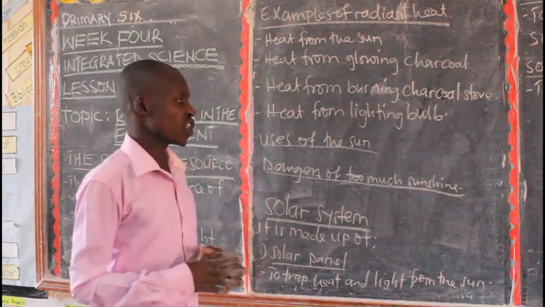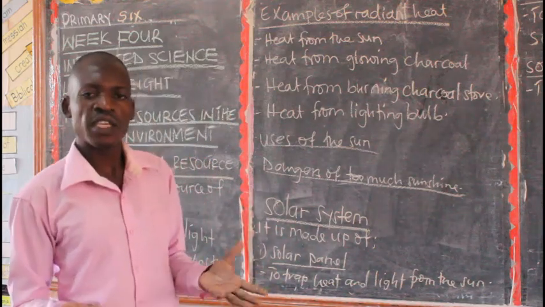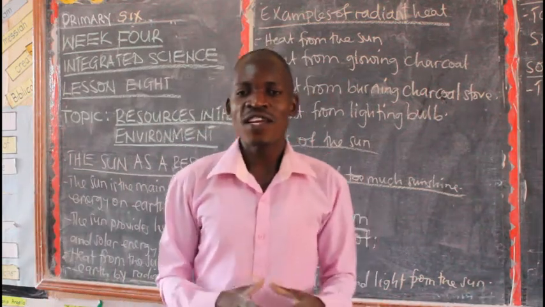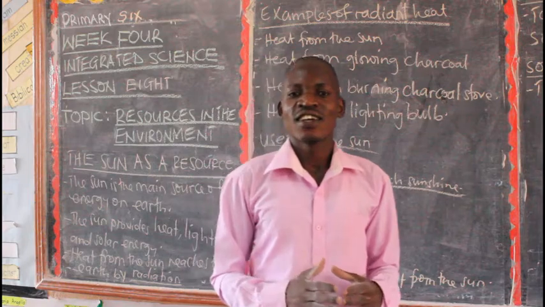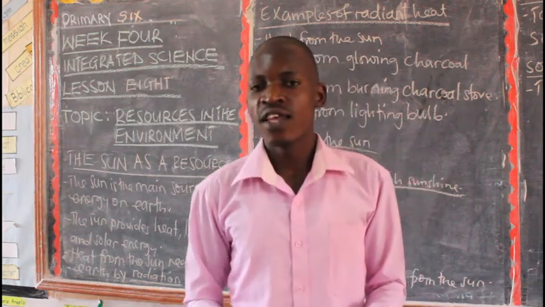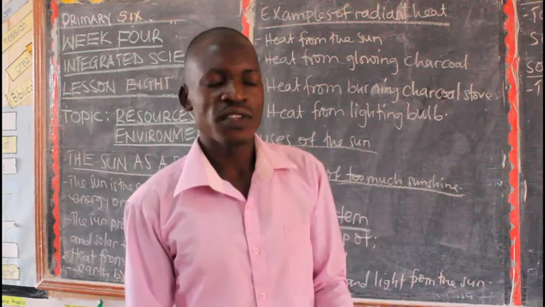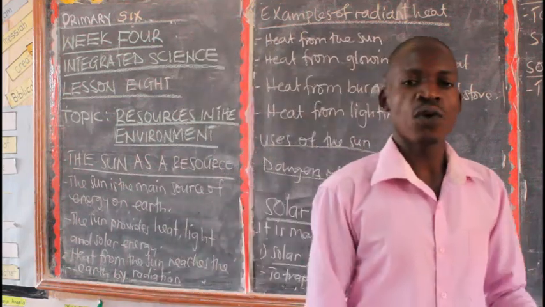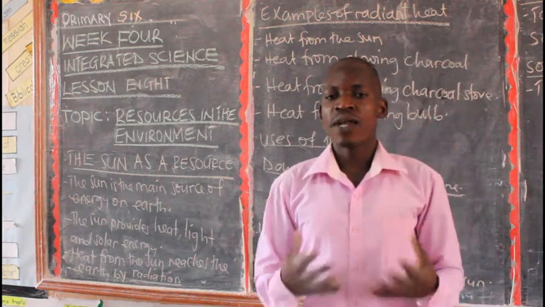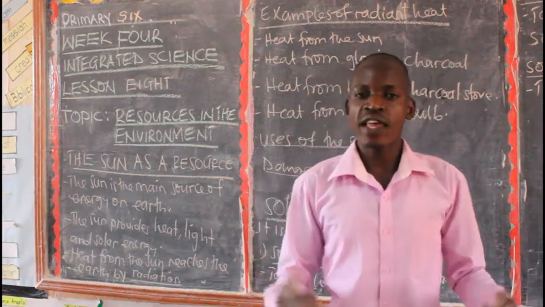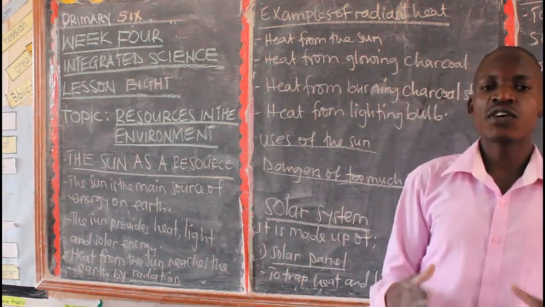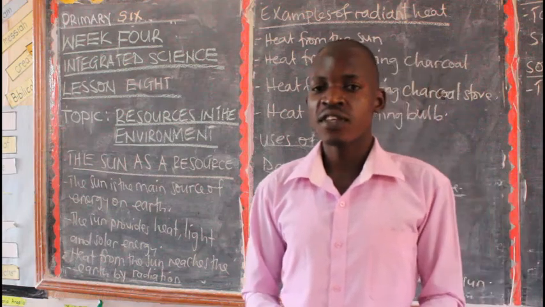Dangers of too much sunshine in the environment. How does too much sunshine affect our environment? One, too much sunshine dries up our farmers' crops in the garden. If you have planted your crops, they have started growing very well, and eventually drought comes, or there's too much sunshine, those crops are going to dry up. Members, too much sunshine also dries up water bodies.